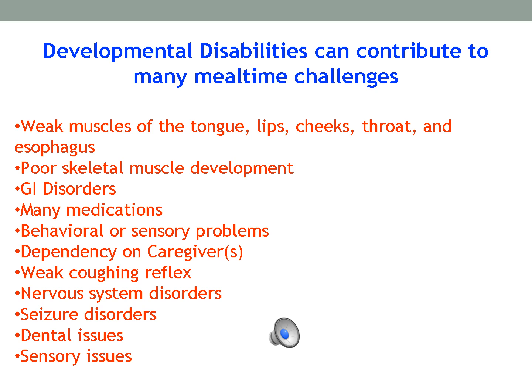When a patient is on many medications, they have behavioral sensory problems. If you're dependent on a caregiver and you can't verbalize that your food is too hot or too cold, or that you're not ready for your next bite.